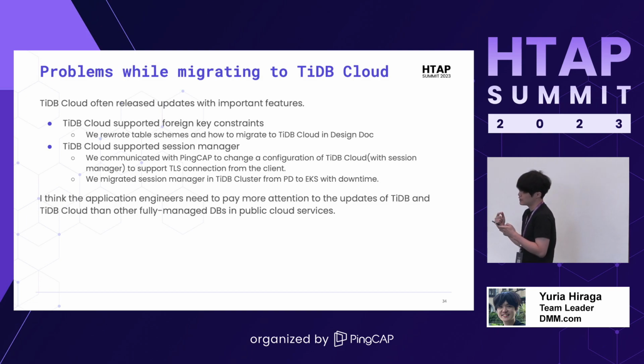One is that TiDB Cloud started supporting foreign key constraints. When we wrote the design doc, we did not consider supporting foreign key constraints. So after the TiDB Cloud updates, we rewrote table schemas and how to migrate to TiDB Cloud in the design doc.